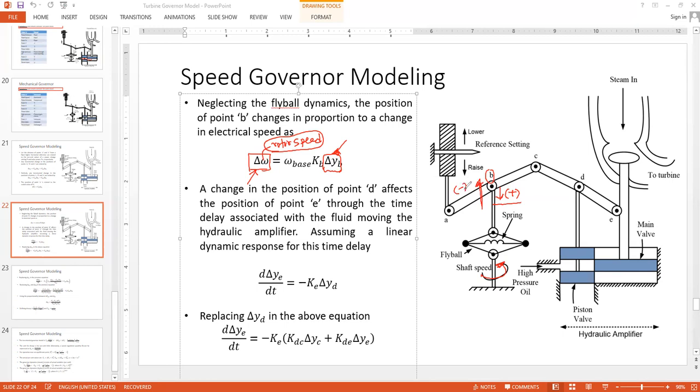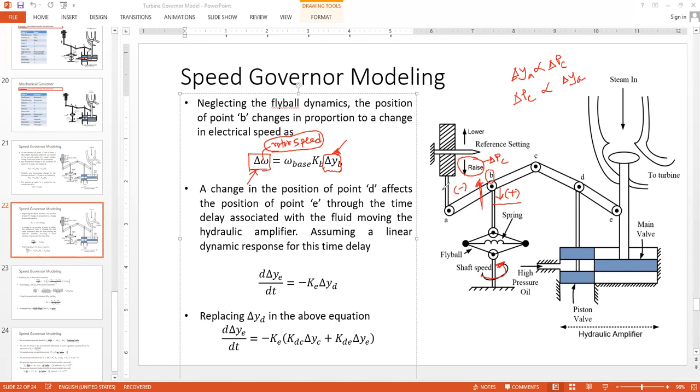Please keep it in mind, because if we move point A, we get a positive change in the command del PC. So del PC becomes positive. Remember in the previous slide, we said del PC is proportional to del YA.